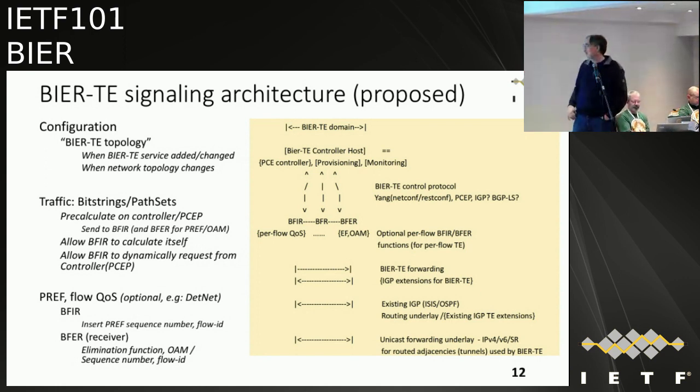But if used, it could provide distribution of the BRTE topology so that the BFIR could calculate paths itself, and/or all the nodes in the network could figure out inconsistencies in bit configuration and even do some auto configuration of the more complex adjacencies without the help of a controller. The controller will always be required for the initial provisioning, but then, during the build of traffic, we have the alternatives to use the controller explicitly or leverage the IGP. So that's the highlight. Next slide.